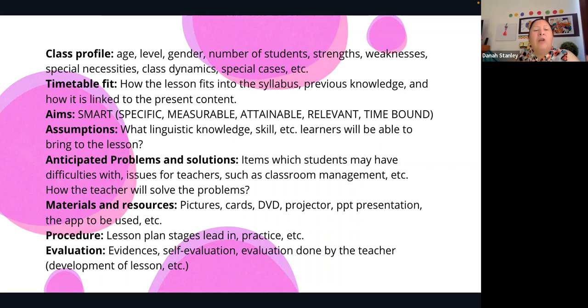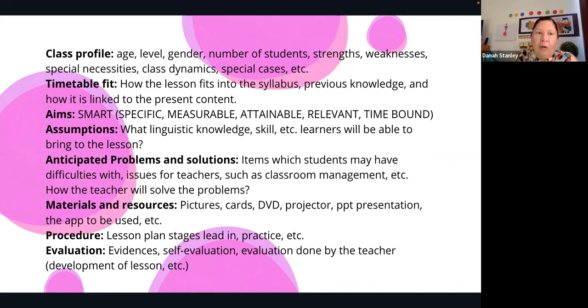Okay, so these are some of the key points and information that we need to include, at least in the first lesson plan. This is the opening of the lesson plan.